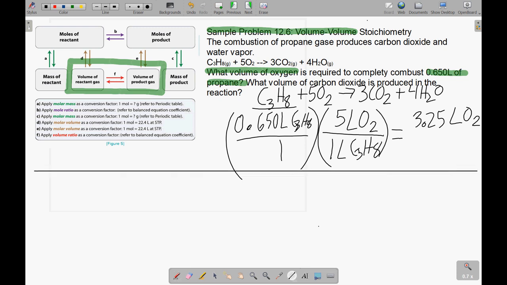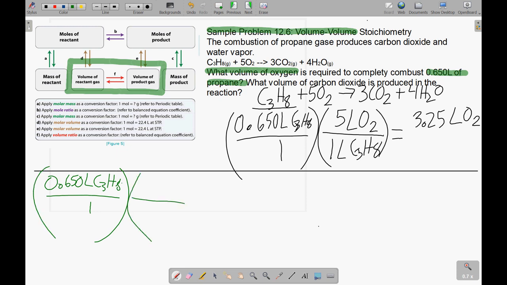Now, while we're here, I want to show you the other way that you could work this out. Alright, so we start with 0.650 liters of propane, and we're going to convert those liters of propane to moles of propane. And we know that 1 mole of propane has a volume of 22.4 liters.